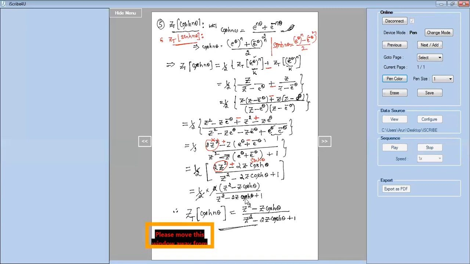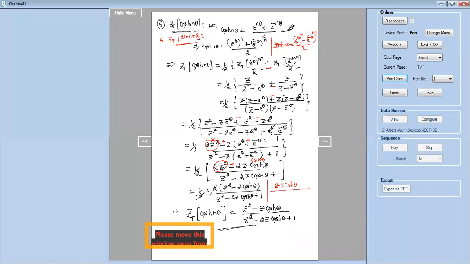Since this term is not there, this 2 gets cancelled. So I get z into sinh theta divided by the same denominator will come.